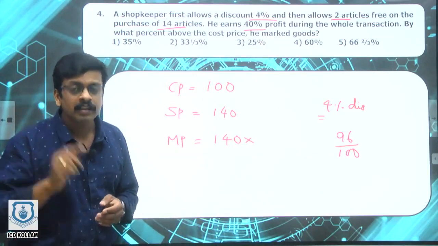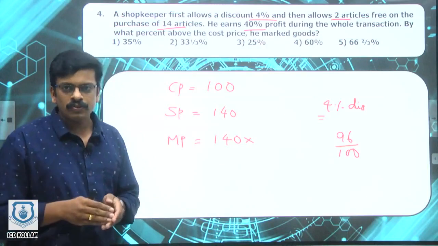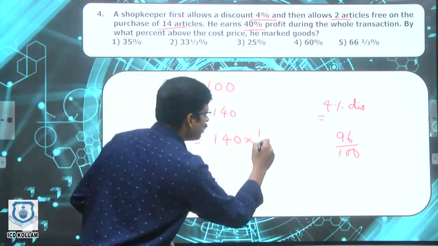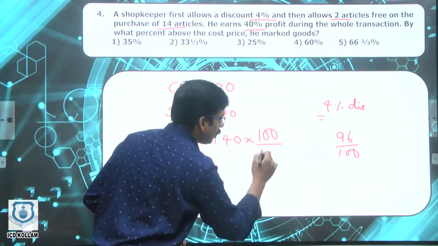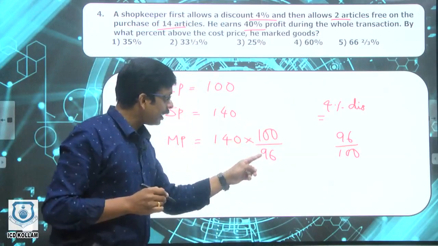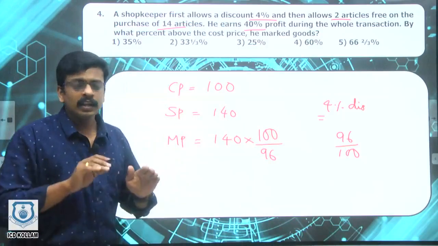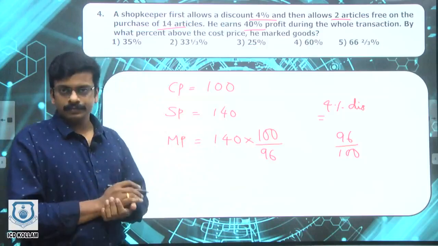Keep it in your mind that we need to give a discount. So mark price should be a higher number. So we can say it is higher by applying it as 100 by 96. The numerator will be a big number. Then only that number becomes higher.